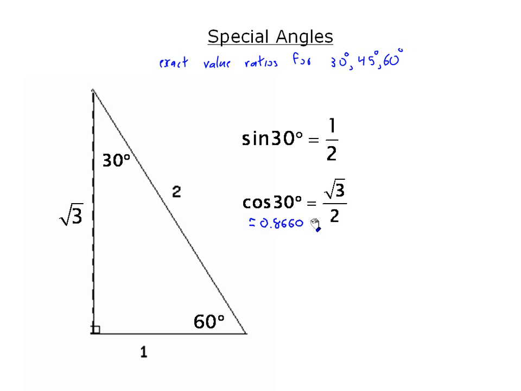Now I'm going to summarize the methods that people commonly use to memorize them, but basically it's making the effort to get them down. Some people will draw these little triangles, such as you see in front of you, and they'll refer to that throughout an exam or an exercise. Other people will refer to the unit circle, which will be coming at the end of the lesson. Other people will, and this is what I did when I was a young person taking this, I would key cosine 30 into my calculator, and I would get the decimal value of 0.8660.